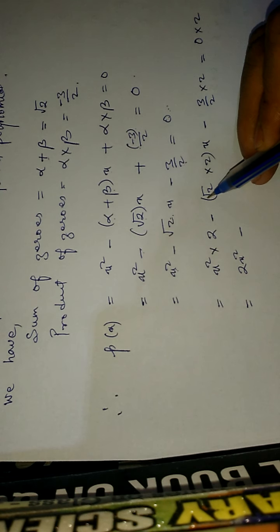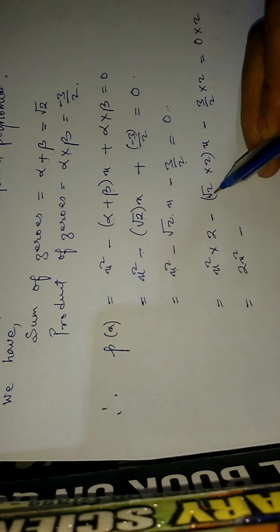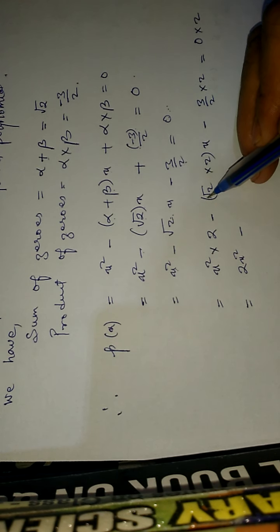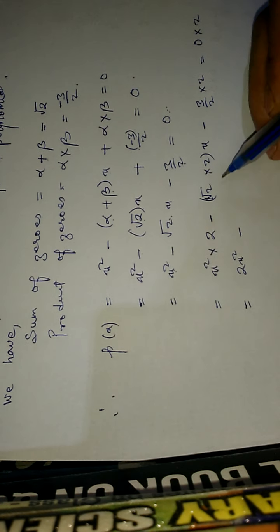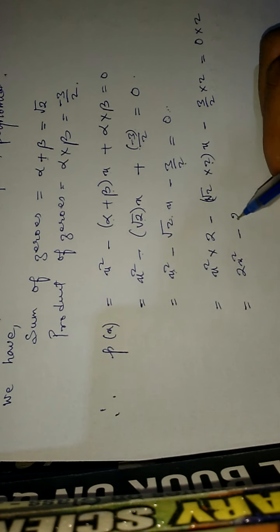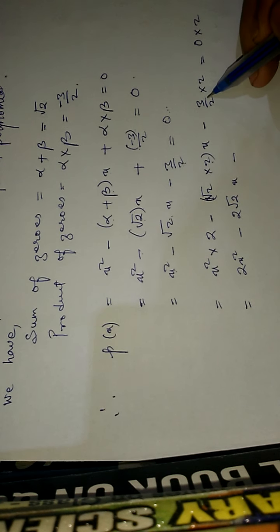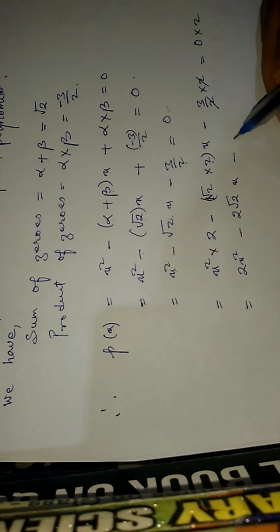Multiply the coefficient 1 with the constant term 2, and you will get 2 root 2x. Then minus, you can eliminate these two, and only minus 3 will remain. Then as I said, 0 is the multiplicative identity, so if you multiply these two, you will get 0 only. So this will be our required polynomial.